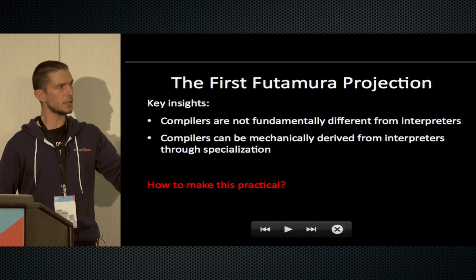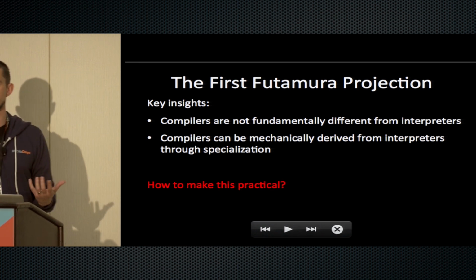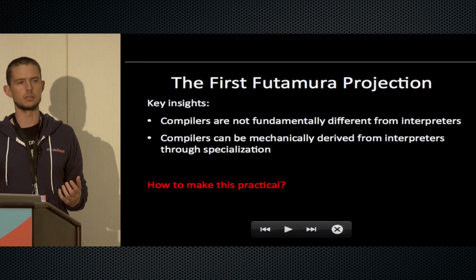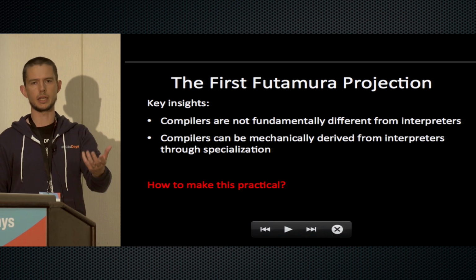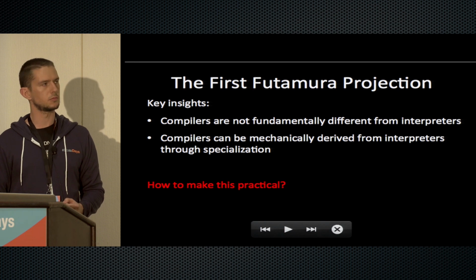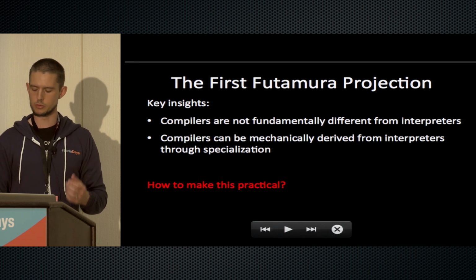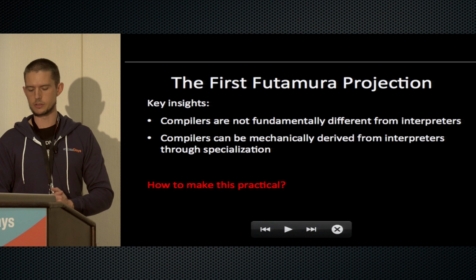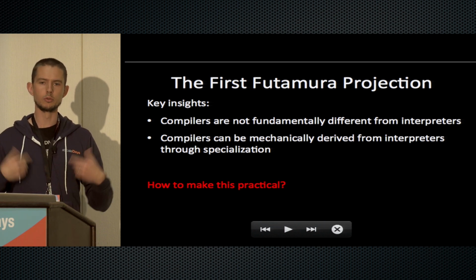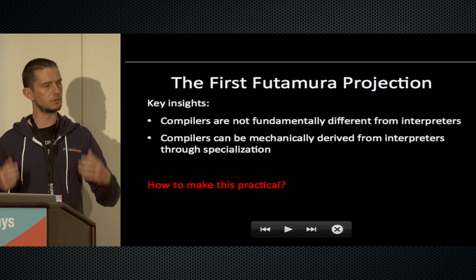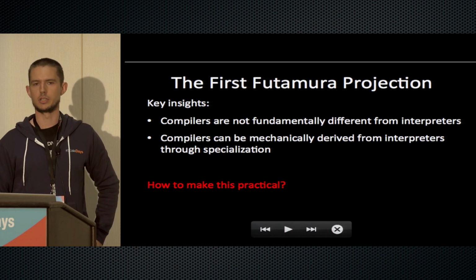So the key insight here is that compilers are not fundamentally more difficult than interpreters, at least if you have a compiler backend that you can rely on. This notion of Futamura projections also tells you that you can mechanically derive compilers from interpreters through specialization. So this is a very deep connection.